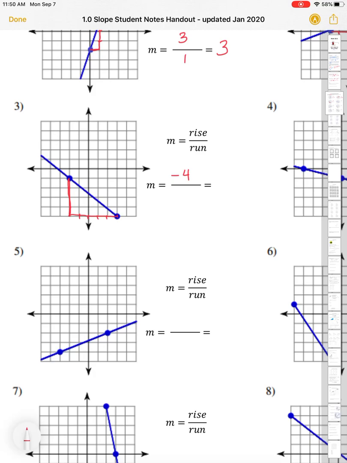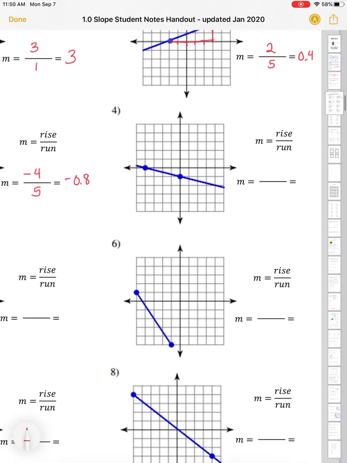And our run goes over 1, 2, 3, 4, 5. Negative 4 divided by 5. I put the wrong number in earlier. So we get negative 0.8. Important: a negative slope goes down, and a positive slope goes up from left to right.